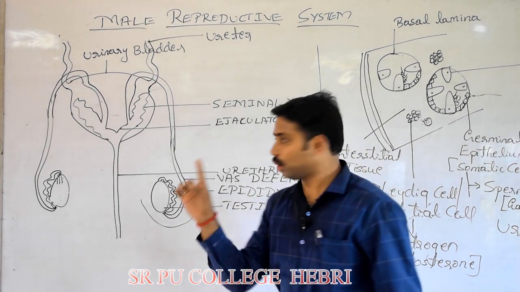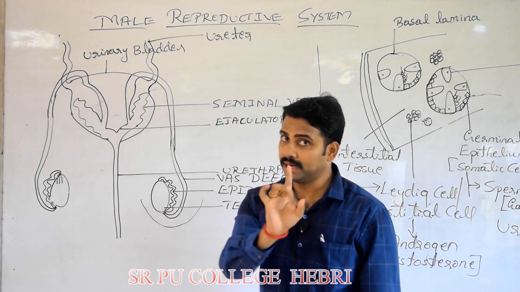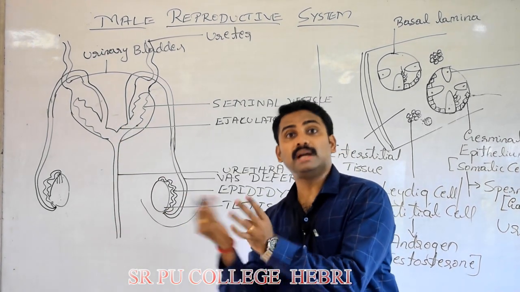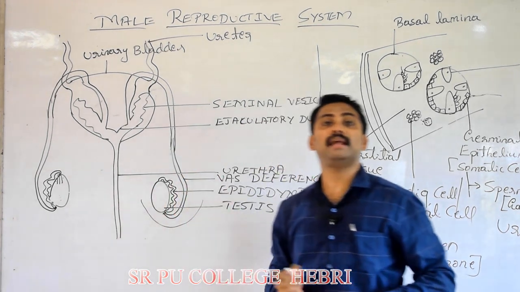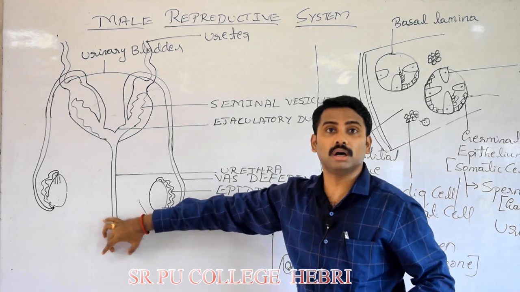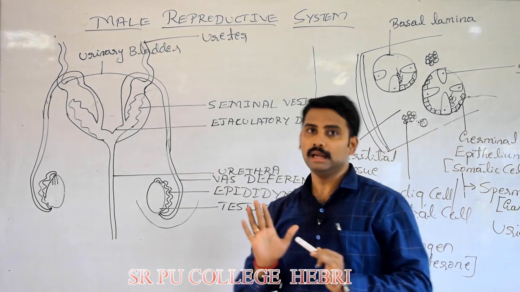Only one of them can pass at a time. Is that clear? That is about urethra. And one more difference between male and female urethra is the male urethra is much longer when compared to female urethra.